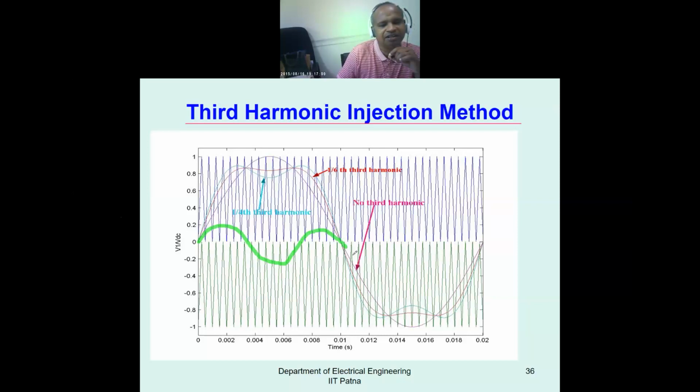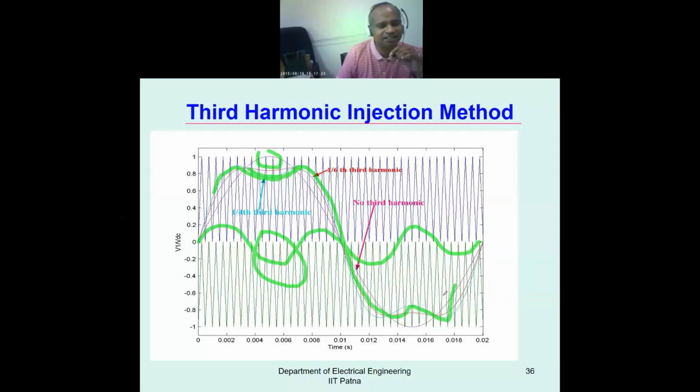When you inject it into the sine wave, here you get more, and at this point it is minus, so it is reduced from here. So you come down again.